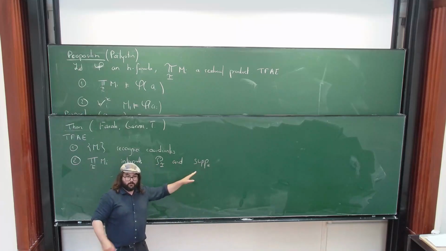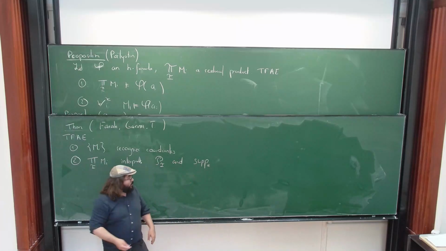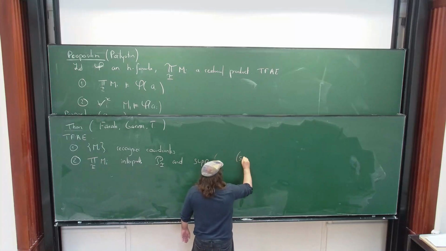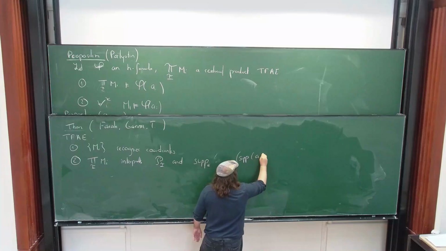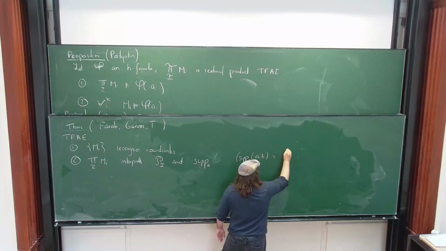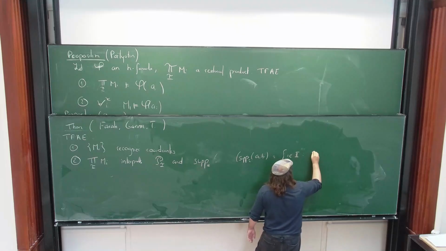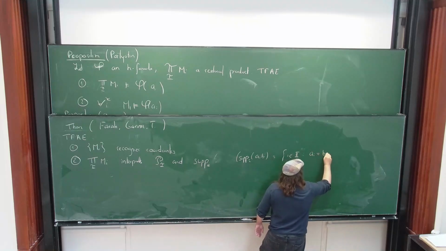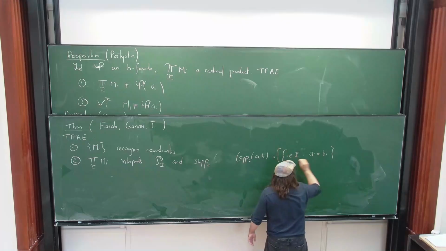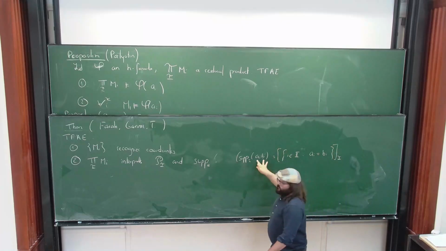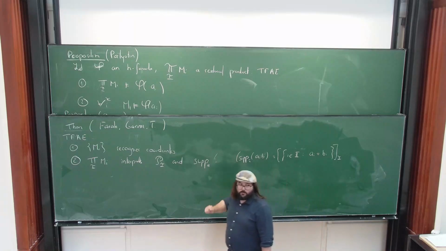The support of a and b is simply the set of indices i such that ai equals bi modulo I. So it takes two variables and gives you a set of indices.